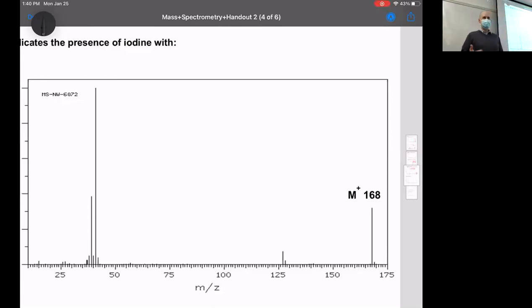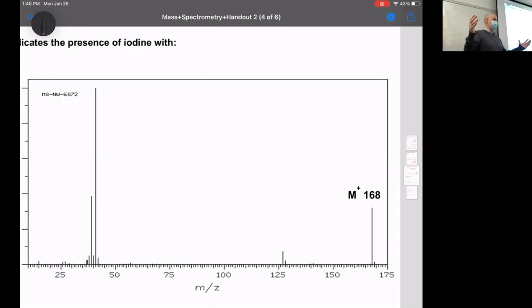Furthermore, if you have a pretty big molecule, I'm going to make a nice round number for you. You ready? If your molecule weighs 227, and you break off iodine, what's left? 227 minus 127 equals 100. Okay, the difference between 227 and 100 is very big.